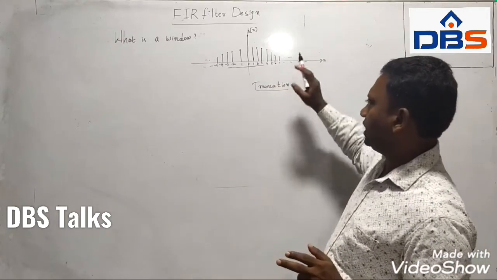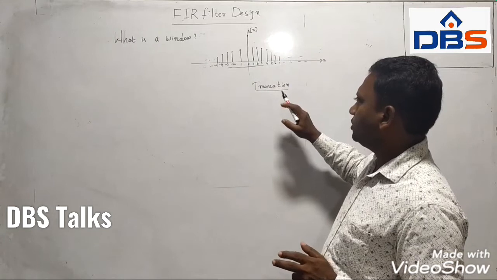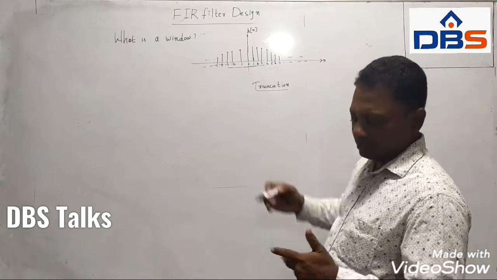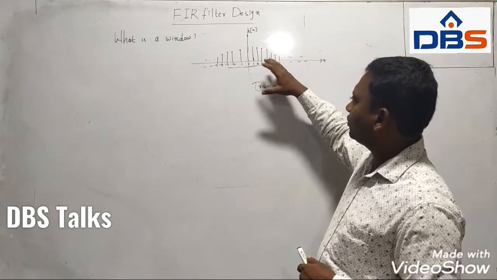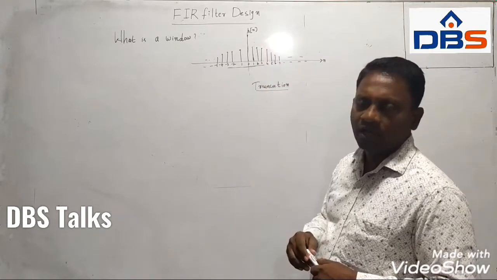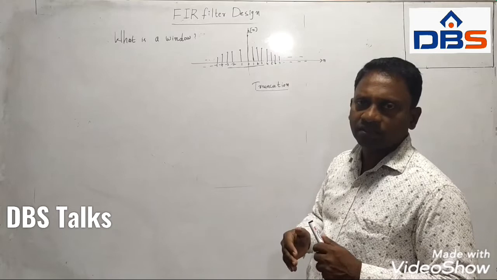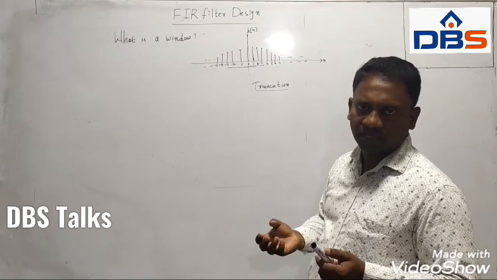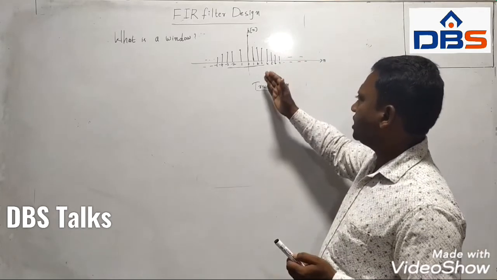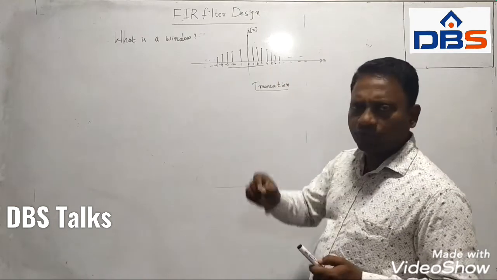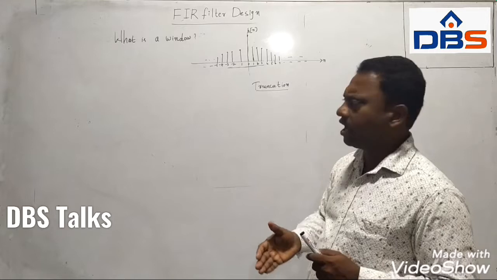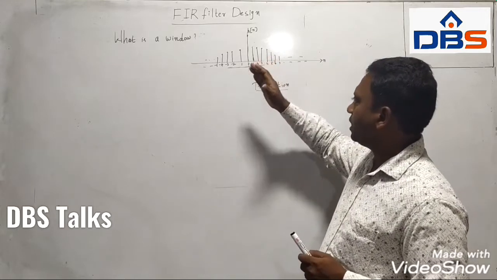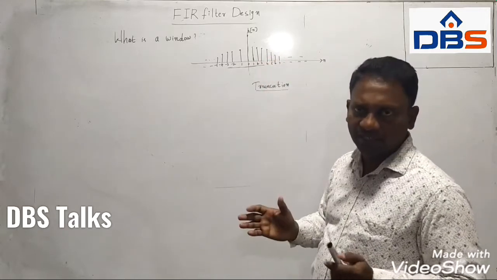If you do that, the Fourier series representation of that sequence h of n will not converge abruptly, since we are suddenly cutting it down, as a sudden truncation.